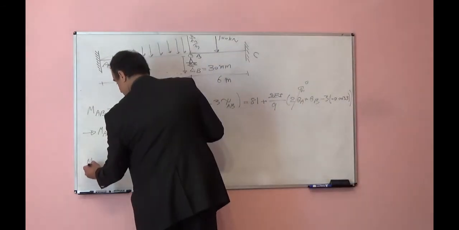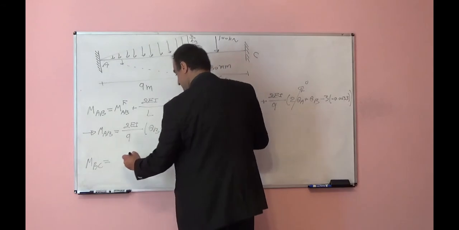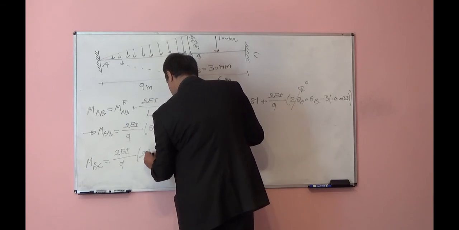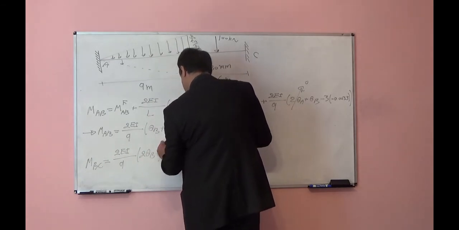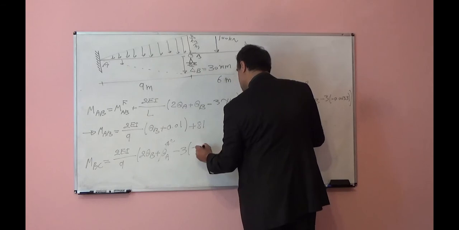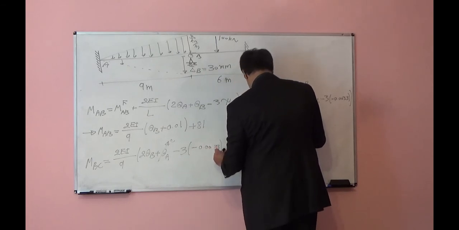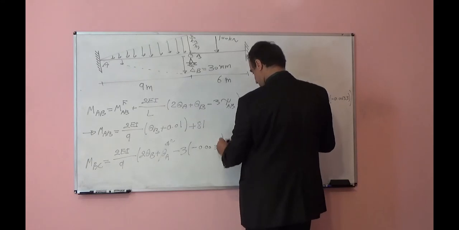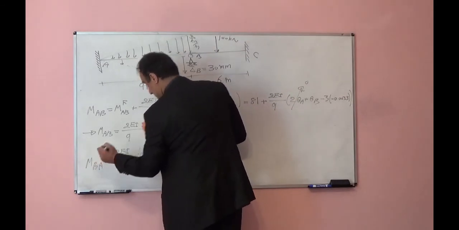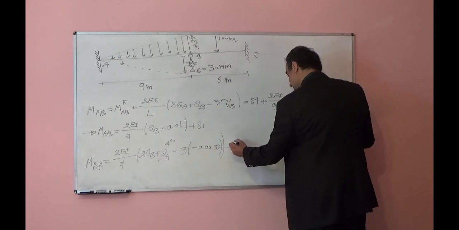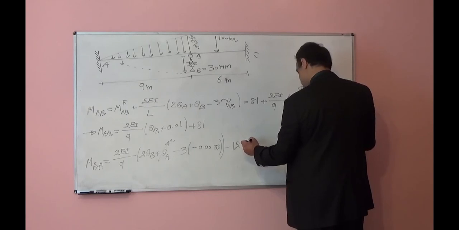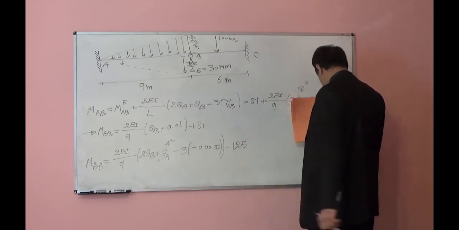In a similar way, I can write M BA. If I plug in the formula and simplify, I will have 2EI over 9 times 2 theta B plus theta A, which is 0, minus 3 psi AB, minus 0.0033, plus M fixed BA, which is negative 125, if I'm not wrong.